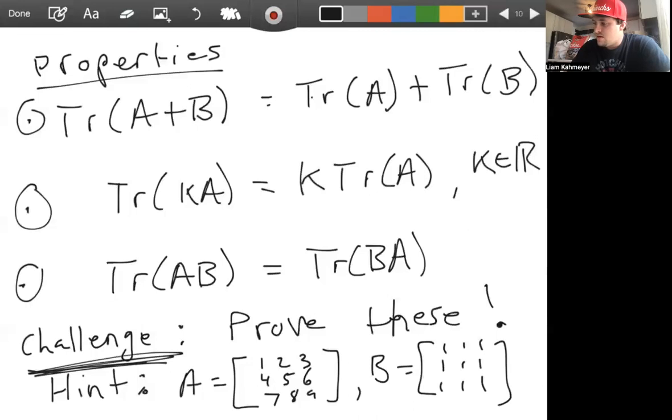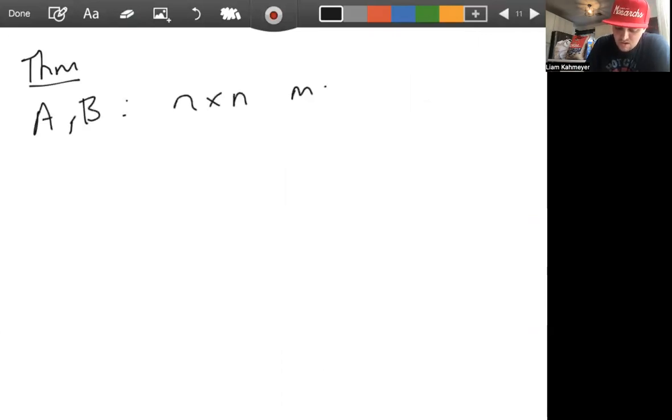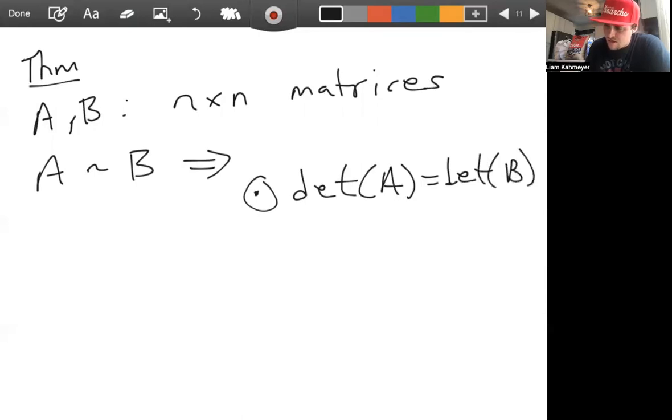The last thing I want to do is talk about how the trace relates to similar matrices. So here's a theorem. Let A and B be n by n matrices, and let's also assume that A is similar to B. Then we have all sorts of conclusions from just knowing that A is similar to B. The determinant of similar matrices is the same.